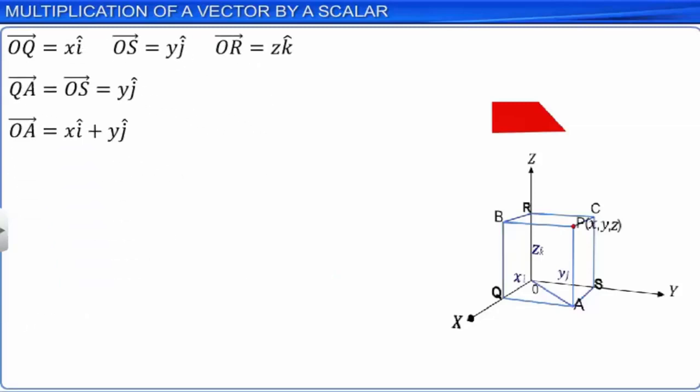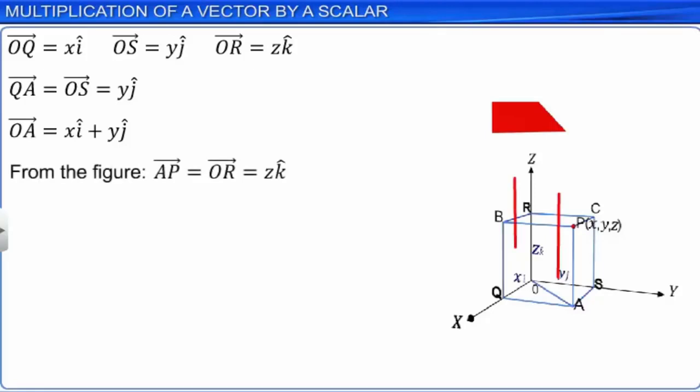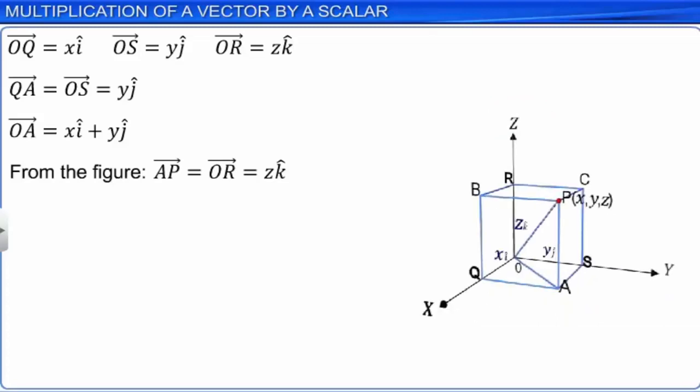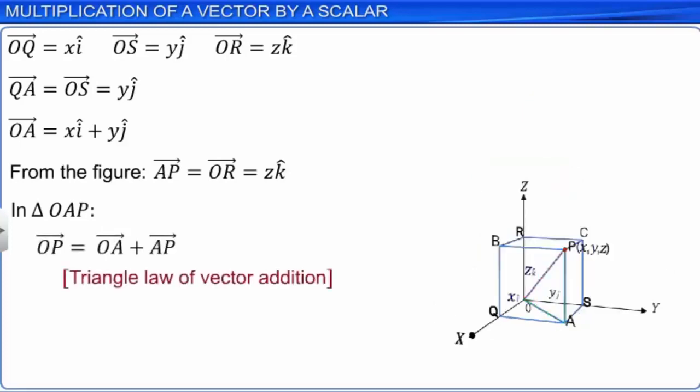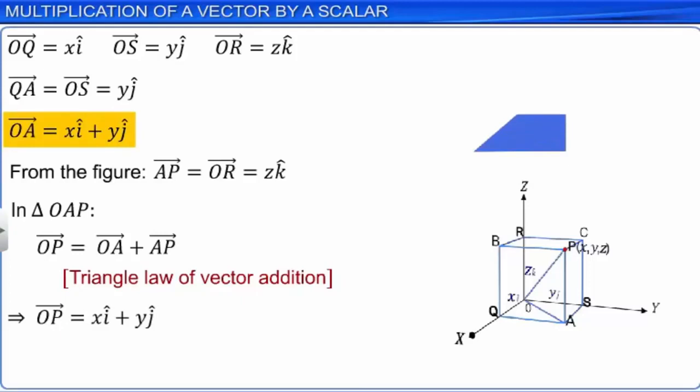Again from the figure, we have vector AP is equal to vector OR, that is, z into unit vector k. In triangle OAP, vector OP is equal to vector OA plus vector AP. Thus, vector OP is equal to x into vector i plus y into vector j plus z into vector k.